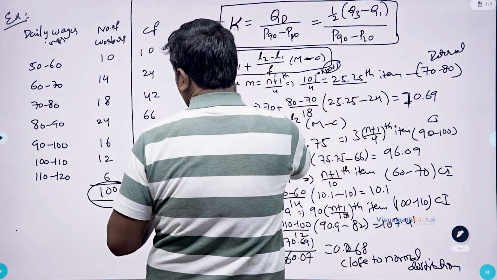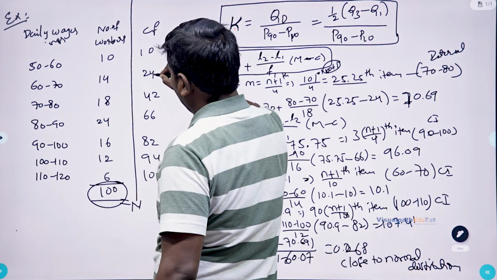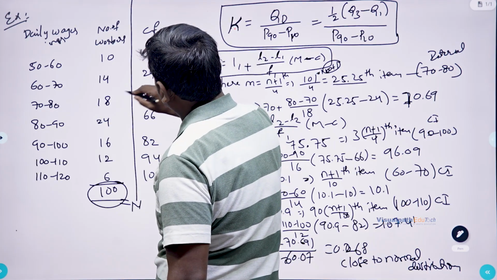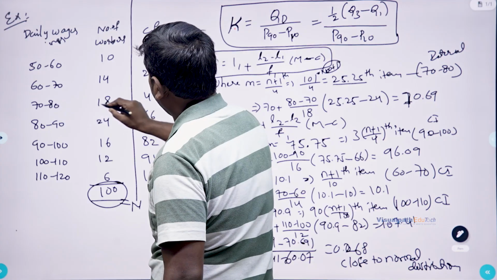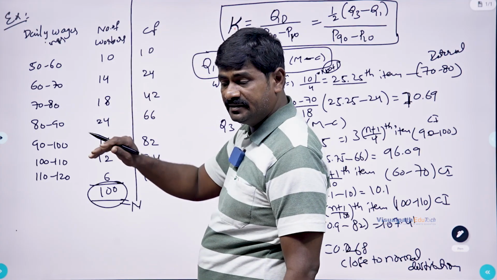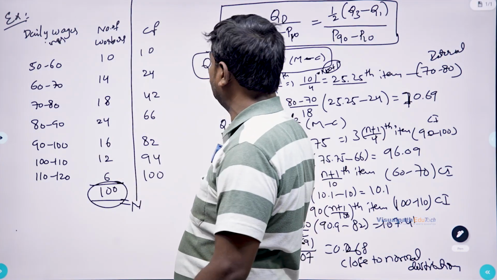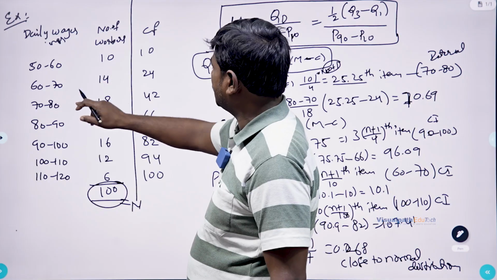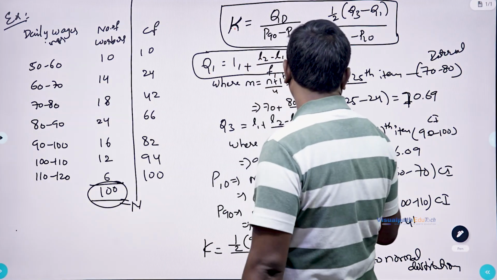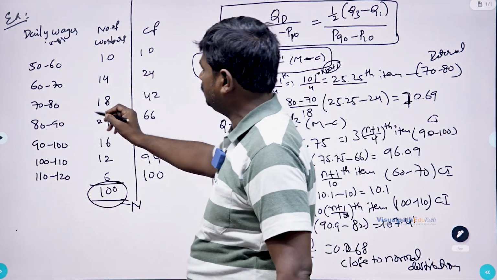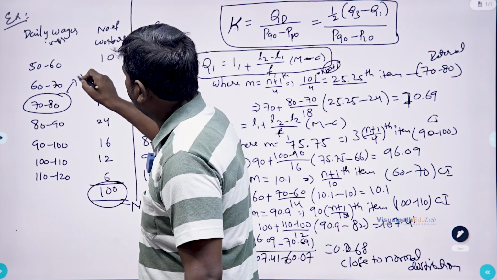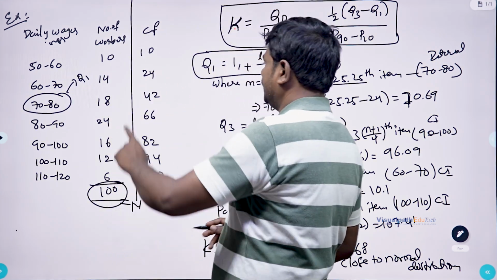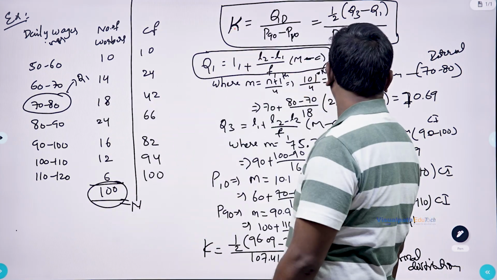Since the cumulative frequency up to the previous class is 24, we will find the 25th item in the 70 to 80 interval. So the class interval of this median class is 70 to 80, and we select this class interval for Q1.